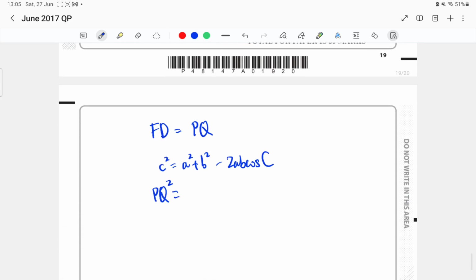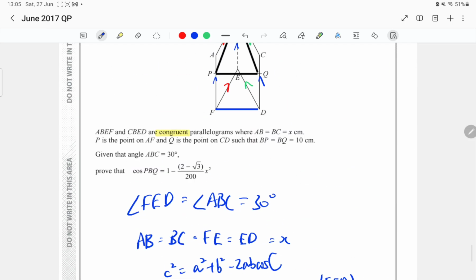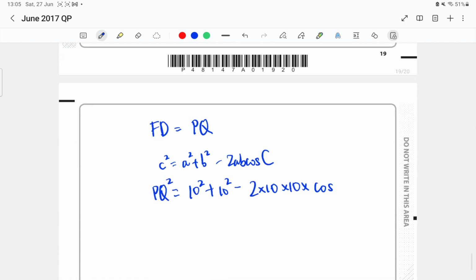So again, we apply the same rule. 10 squared plus 10 squared minus 2 times 10 times 10 times cosine, what is this now? The C represents angle PBQ now. So cos PBQ. Okay, so that's good because that is exactly what we want to find.